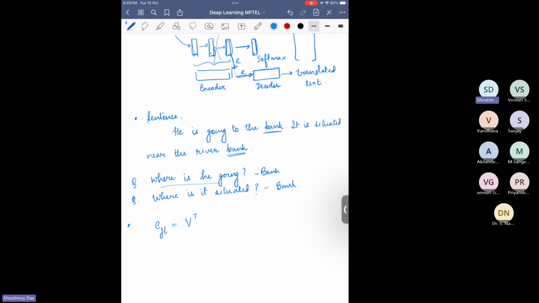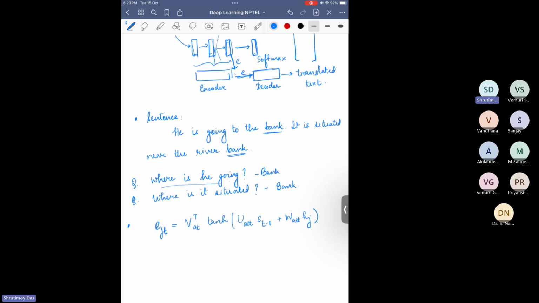It was something like this. You must have seen some equation of this sort.